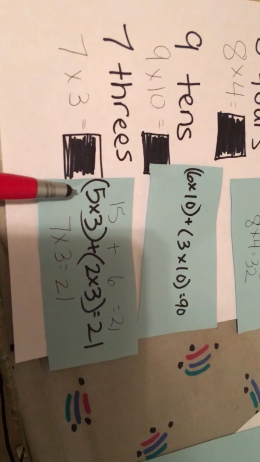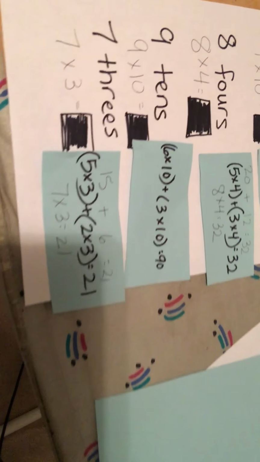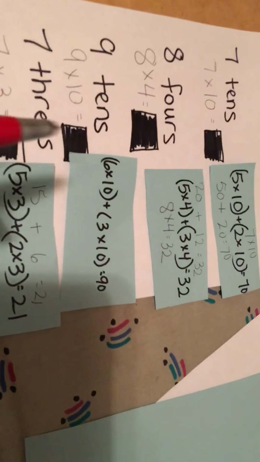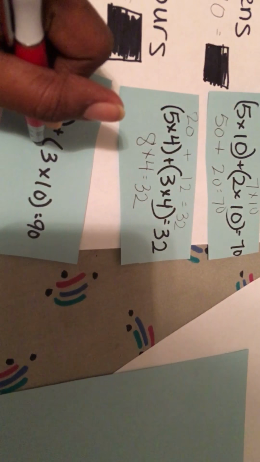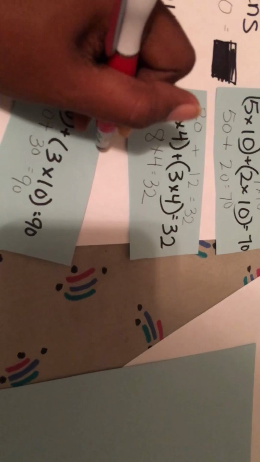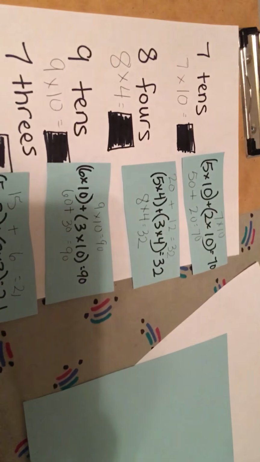When I said 7 threes, I decomposed the 7 and kept the 3. So for 9 tens, I'm going to decompose the 9 into 6 and 3. That's 6 times 10 is 60, plus 3 times 10 is 30. It gives me 90. So that fact is 9 times 10 equals 90, and that fact goes there.